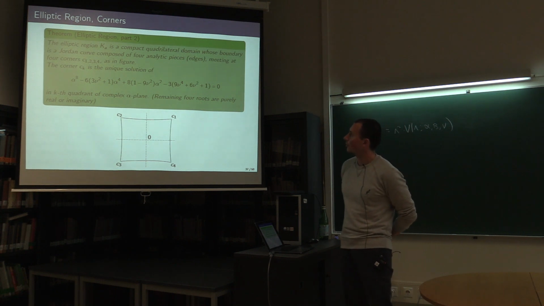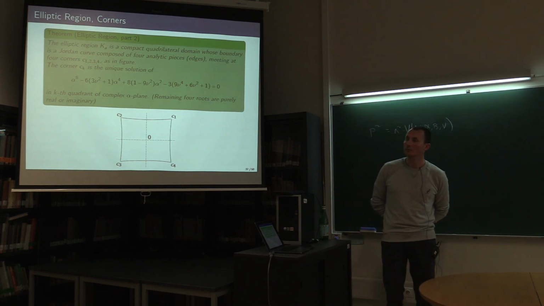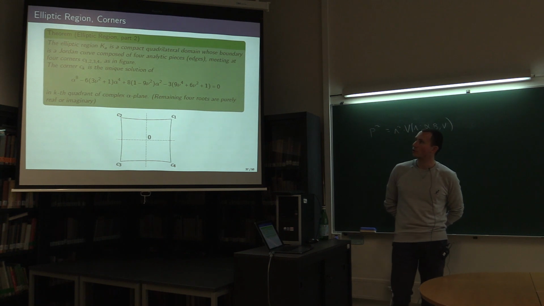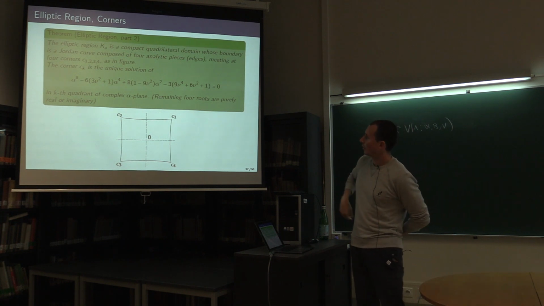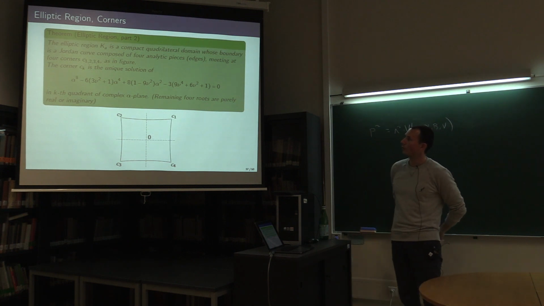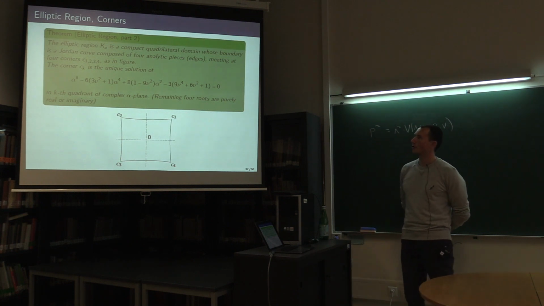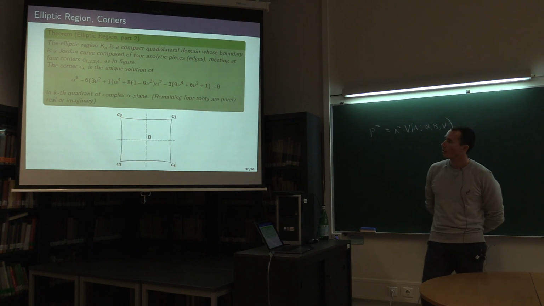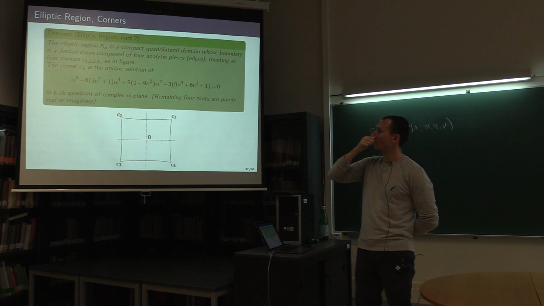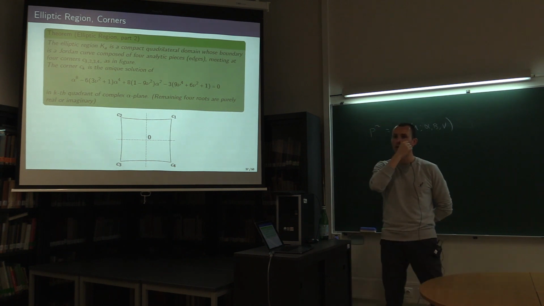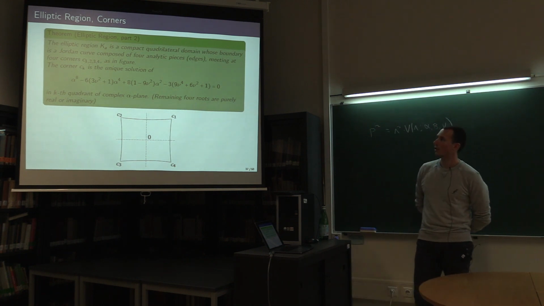This region Ka is a compact quadrilateral domain. The boundary is a Jordan curve composed of 4 analytic pieces which meet at 4 corners, as you see in the picture here. The corner CK is the unique root of this octic polynomial in the kth quadrant of the complex alpha plane. So this is a completely explicit characterization of the corners.